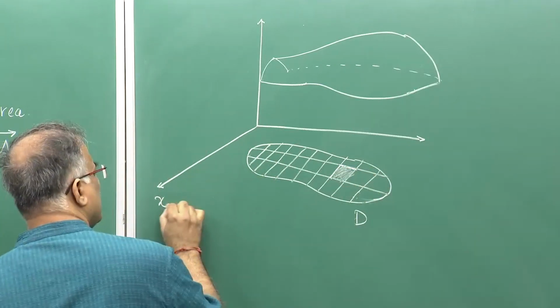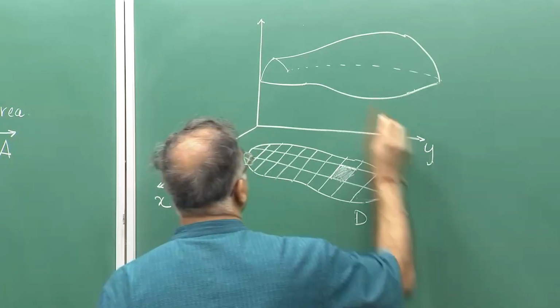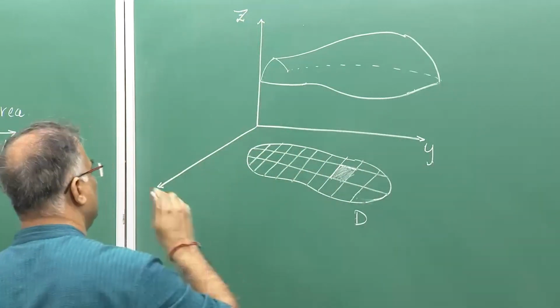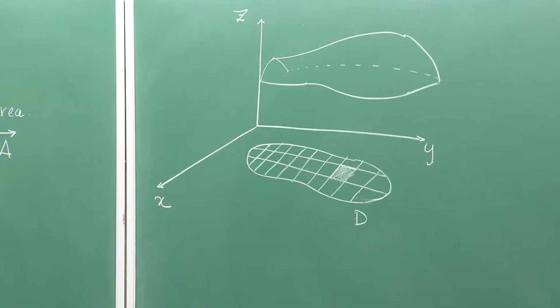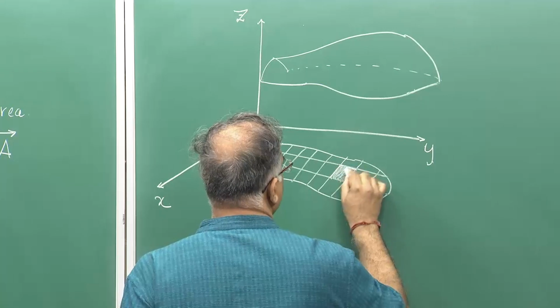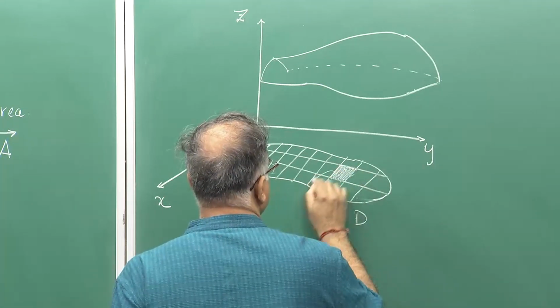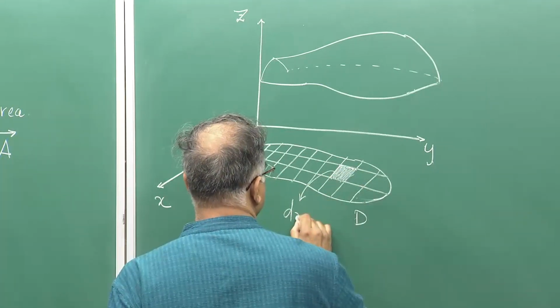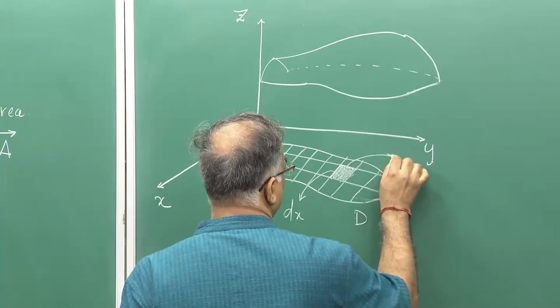This is my x axis, this is my y axis, this is my z axis. So, that is my elemental zone. This side is dx and this side is dy.